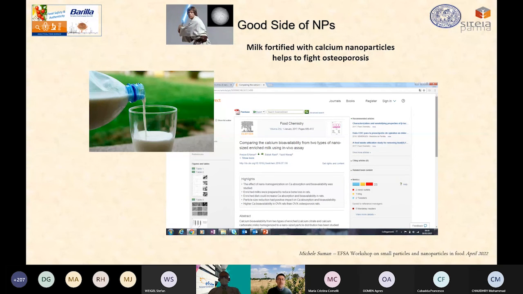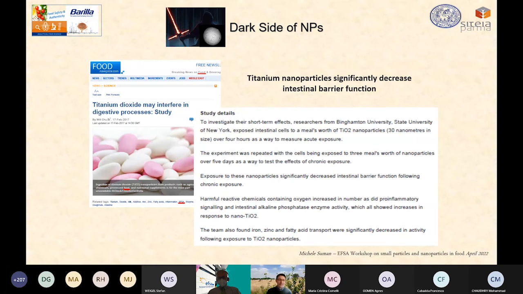In the last 2 days we had many occasions to discuss with the previous speakers very important aspects, like the iron for the body, or in this case, milk fortified with calcium nanoparticles. So there are many opportunities in the food sector for nanoparticle applications. At the same time, talking about the dark side, there are some issues, some worries.